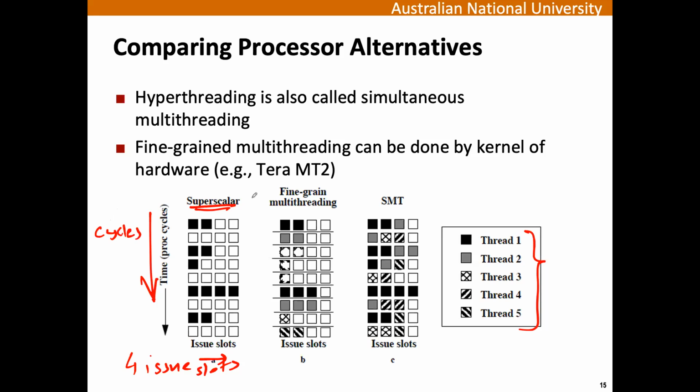So you see that in some cycles, the superscalar processor cannot do anything because of dependencies or because of memory accesses. There are some cycles where all issue slots are going empty. There are other cycles where only 2 slots are full, so it's working at 50% capacity. And the problem is we don't have enough ILP if we only execute instructions from a single thread, right?